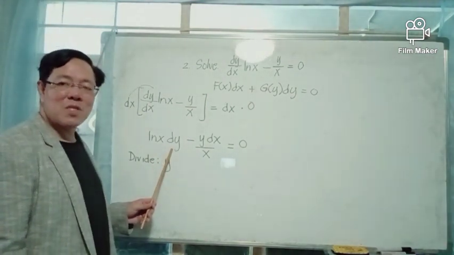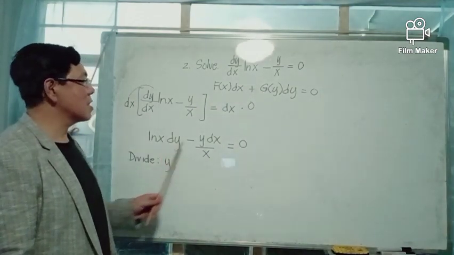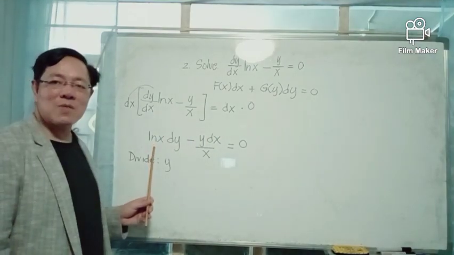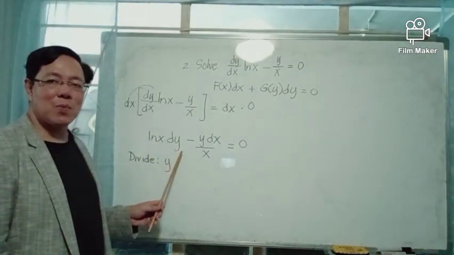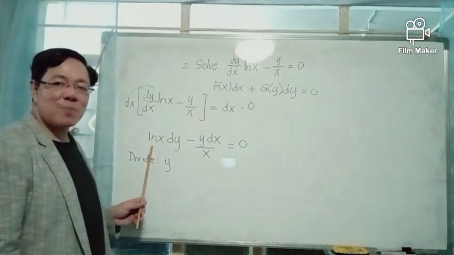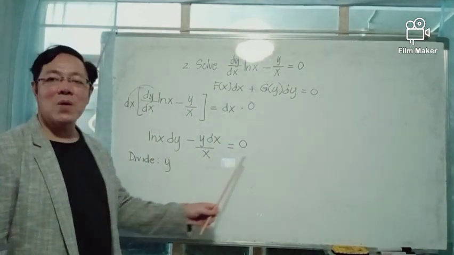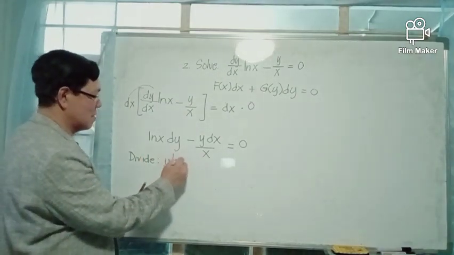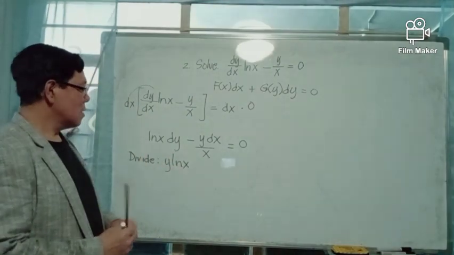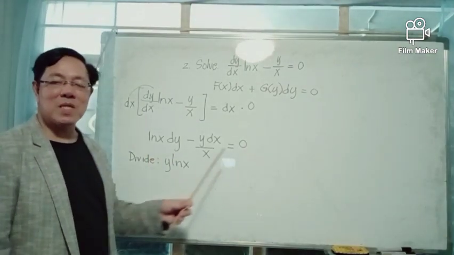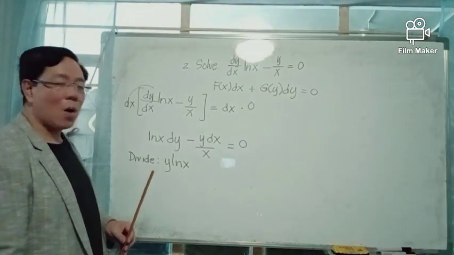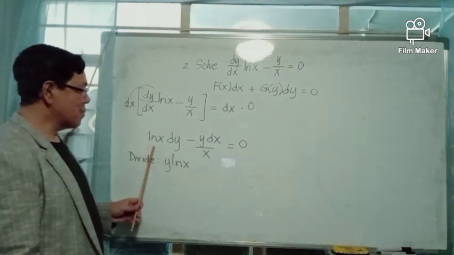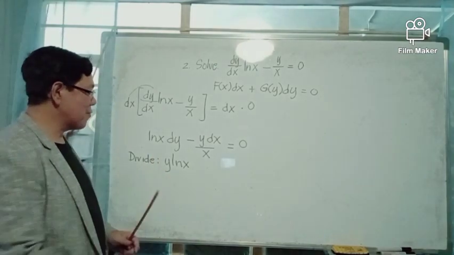Similarly, the coefficient of the differential of y is not a function of y only. We have to remove ln of x from the coefficient of the differential of y. And we can do that by dividing both sides of the whole equation by ln of x. Or you can say multiply both sides of the differential equation by 1 over ln of x. So we divide the first term by y ln of x.